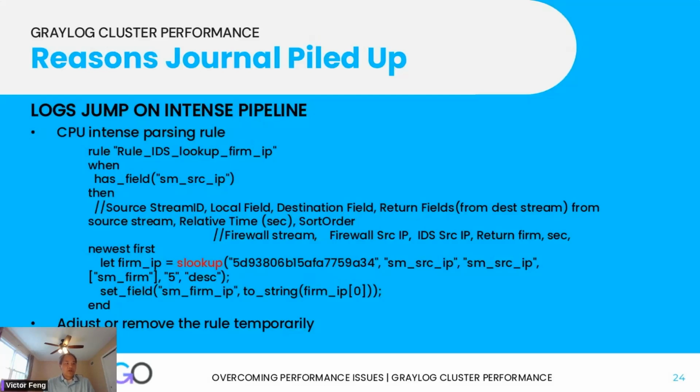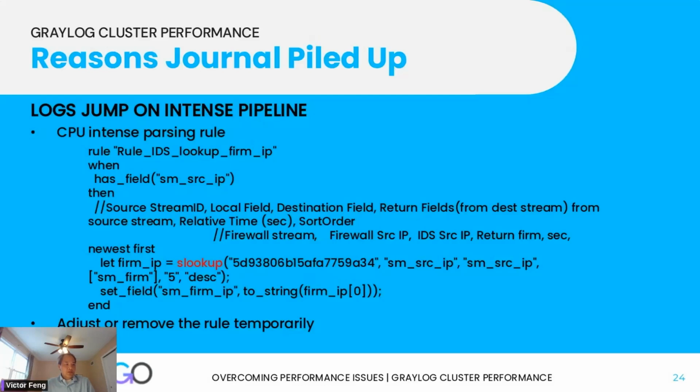Graylog searches the firewall logs for the last 5 seconds and returns the logs which have SM source IP equal to 8.8.8.8. So basically it returns all the values of the field you need. In this case it is SM firm. And the descending order tells us we will take the newest match because we only need one value.